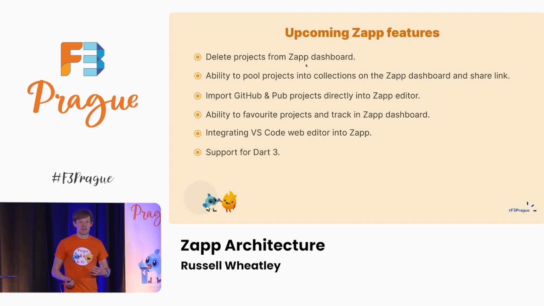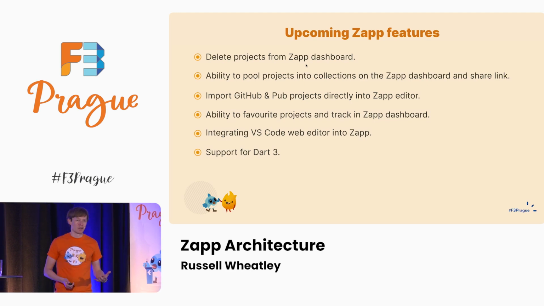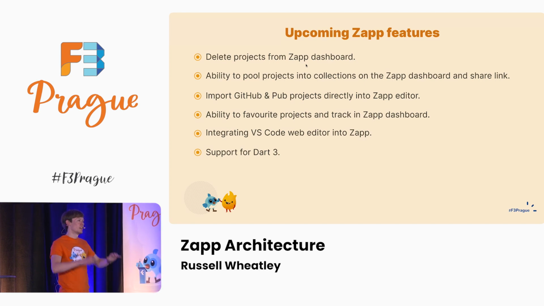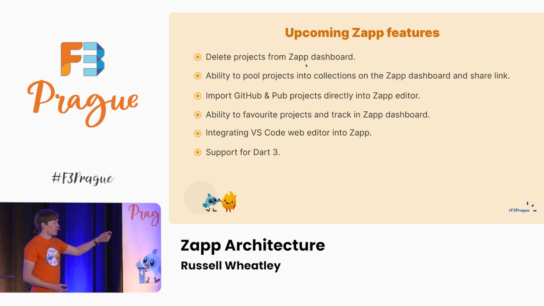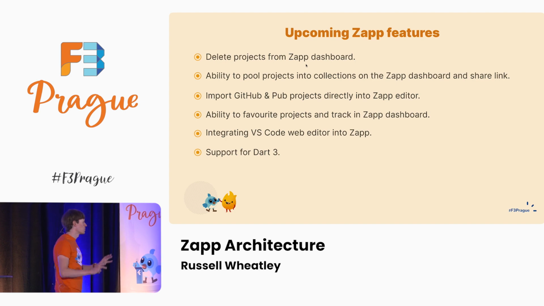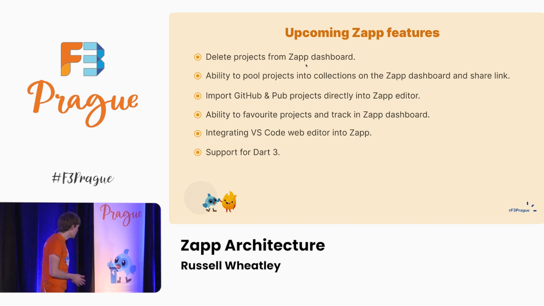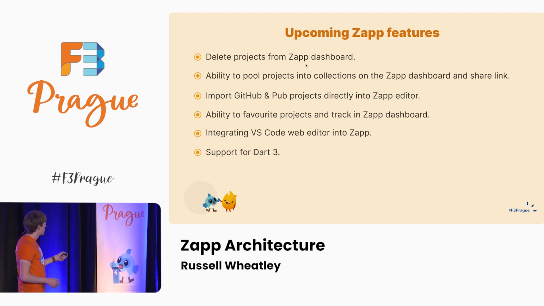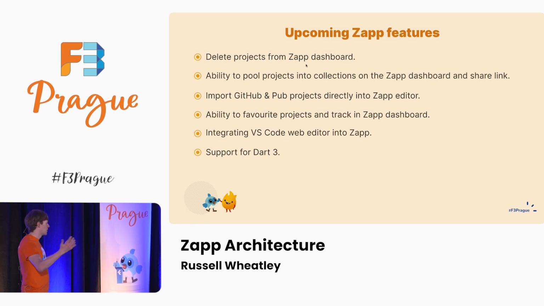So imagine again if you're a maintainer of a plugin and you have various use cases and you want to have different Zap projects for all those use cases, then you can pull that into, I don't know, you call it Riverpod or whatever, and then you can send the link to whoever you want with all these various use cases.